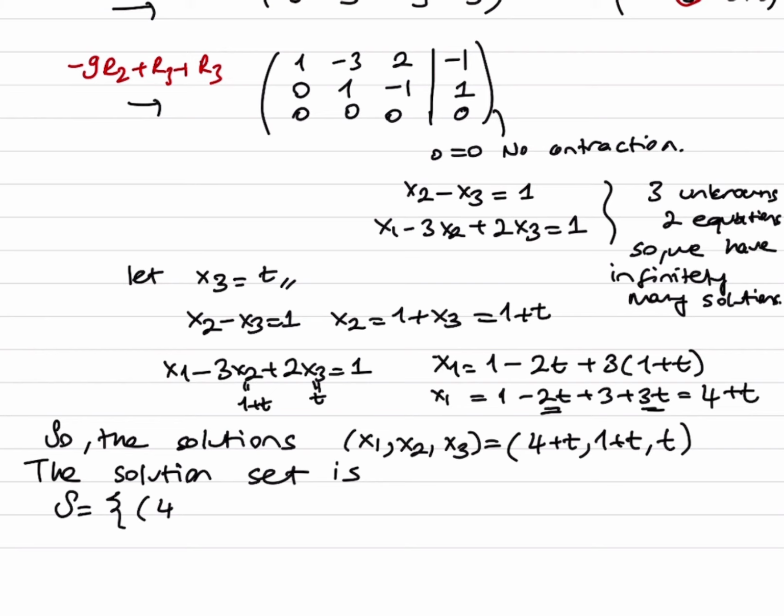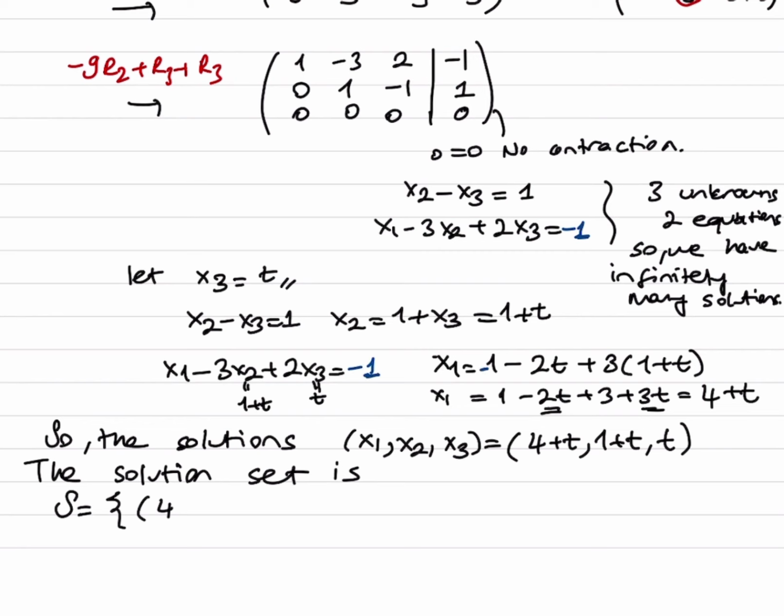Oh, well, I see what we did wrong. Okay, sorry about that. What we did wrong is here. You see we wrote 1 here. So x1 minus 3x2 plus 2x3 is actually, it should be minus 1. Let me write it.